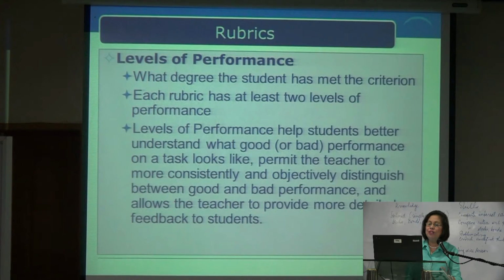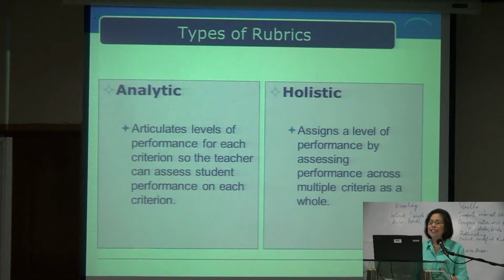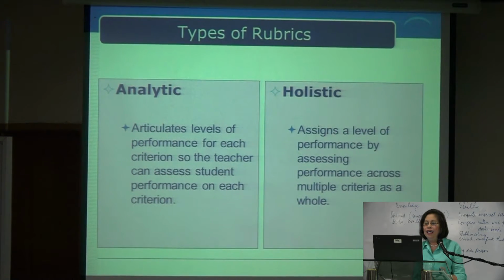There should be at least 2 levels. And the teacher should be able to distinguish between good and bad performance. It can be analytic when for each criterion the levels of performance are given. It can be holistic if it assigns a level of performance by assessing it across multiple criteria.